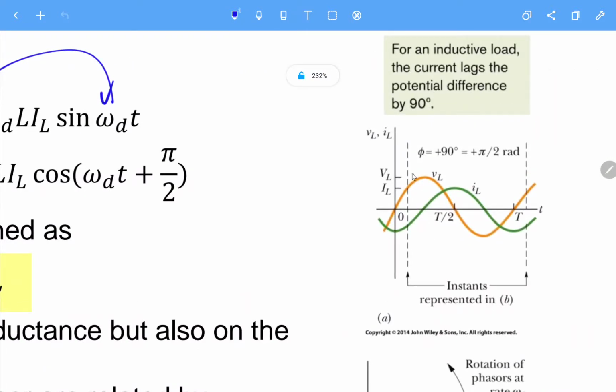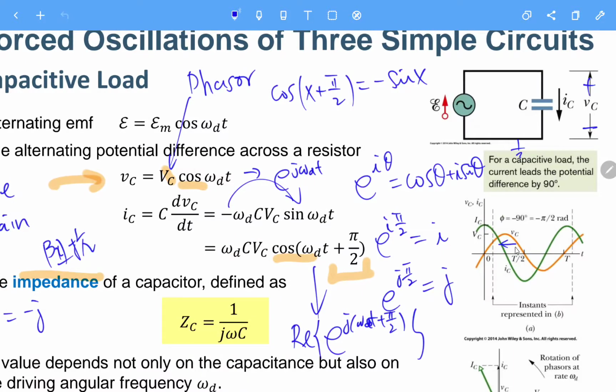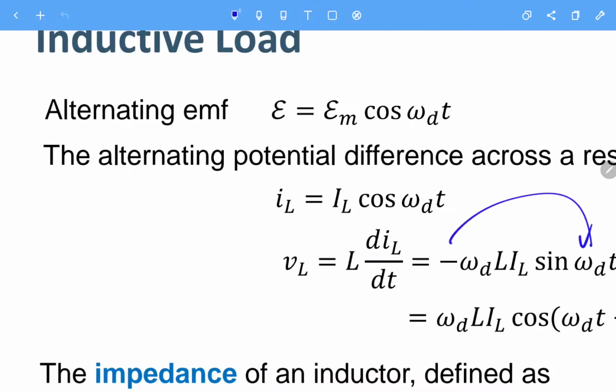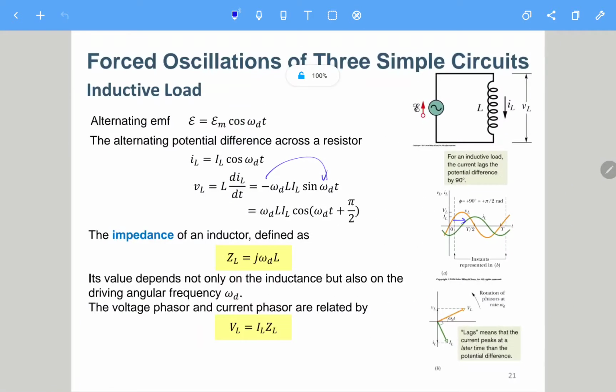This is V_L and this is I_L, and V_L is leading the current by 90-degree phase shift. So these are the three special cases for the RLC.